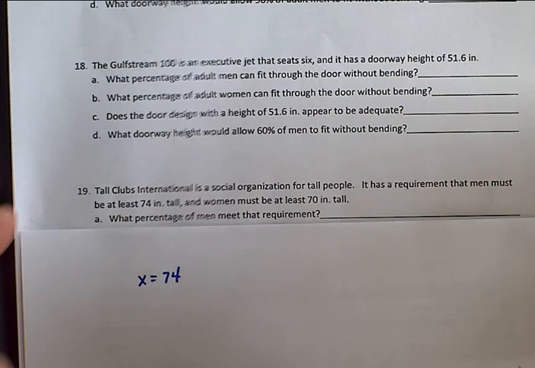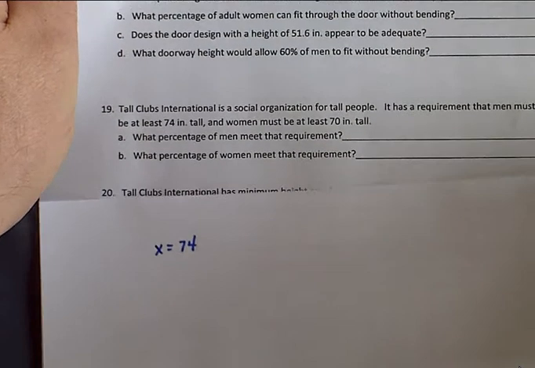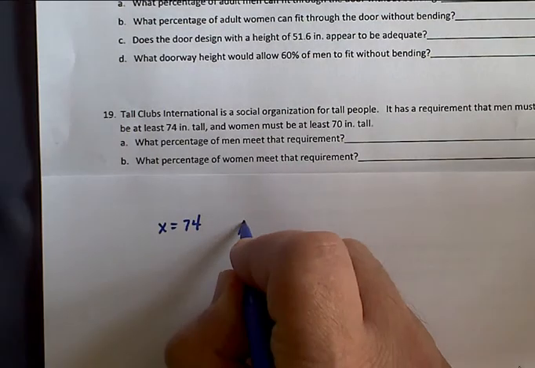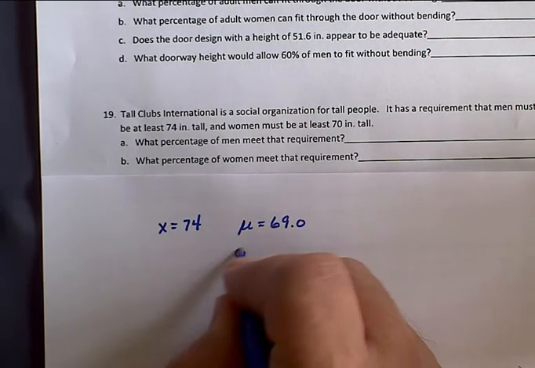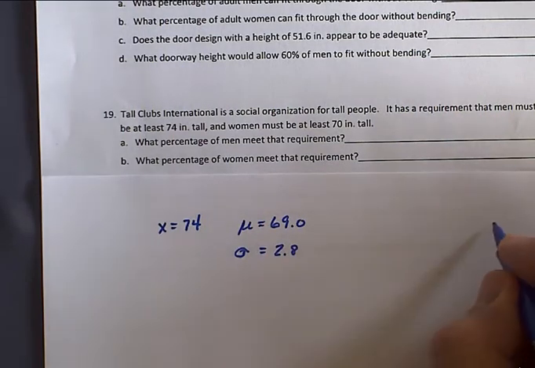Okay, and on the previous page in the directions, let me find it here. Okay, so for men, the mean is 69.0. Standard deviation is 2.8. Okay, for women, this is going to be for part B. The mean is 63.6.